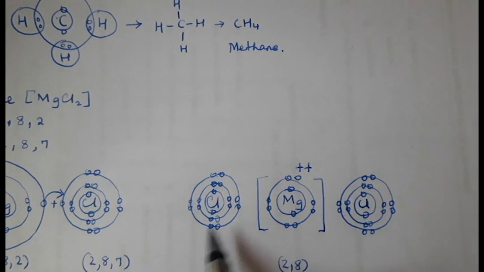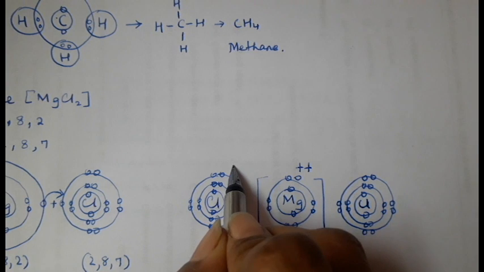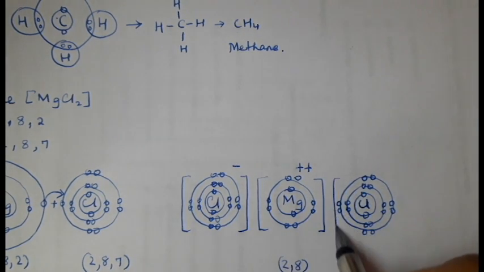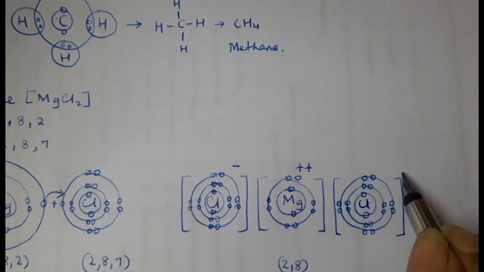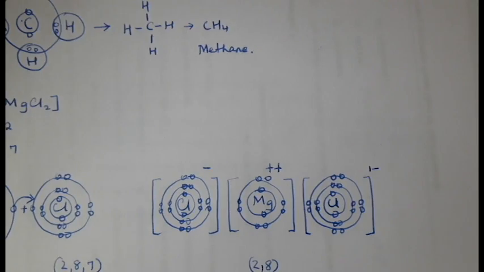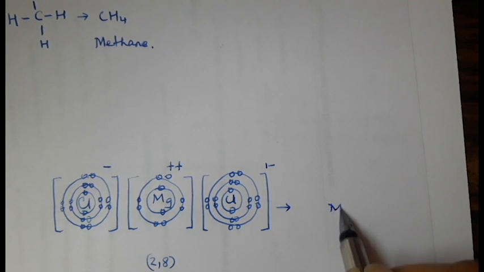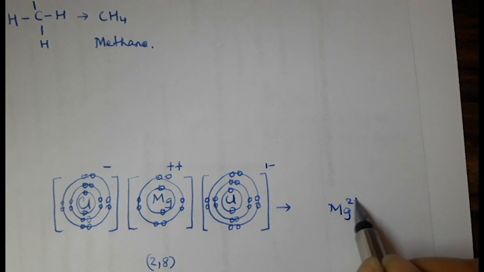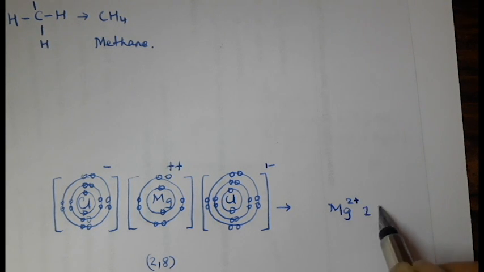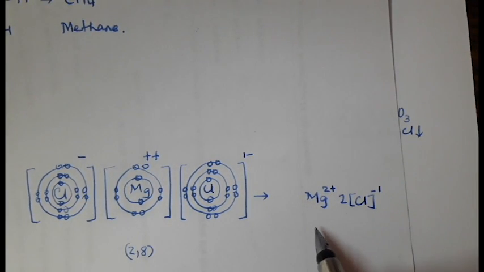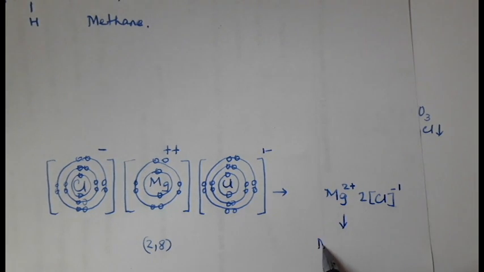Then chlorine, because it has gained 1, it has become 1 minus. This one also has gained 1 electron, so it is 1 minus, and that is how we will have Mg 2 plus and 2Cl 1 minus, and that gives us MgCl2.